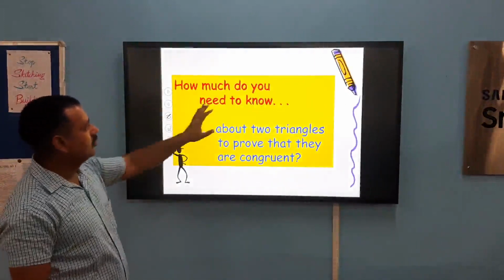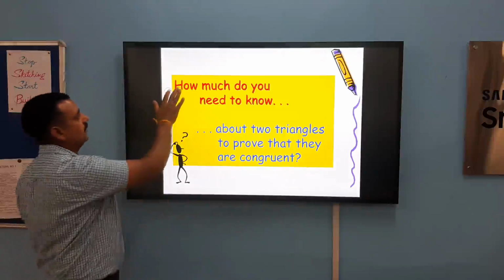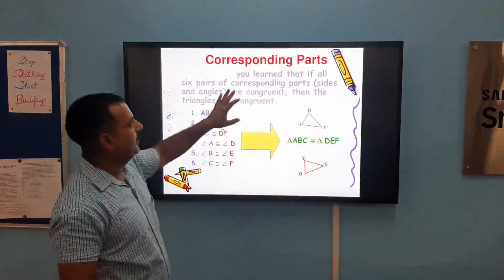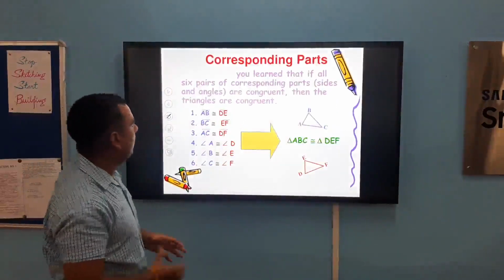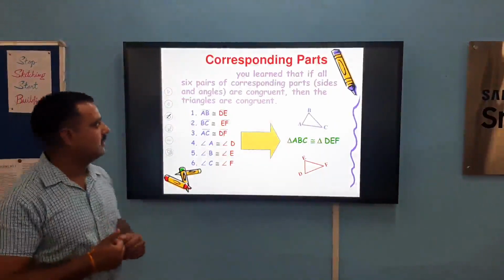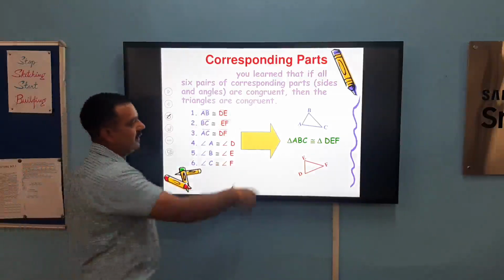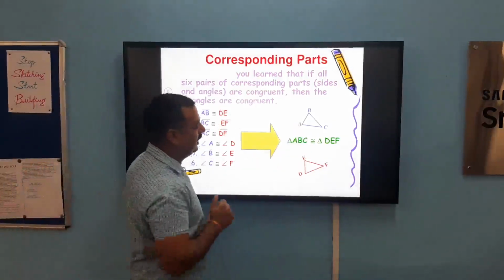Now, how much do you need to know about two triangles to prove they are congruent? Corresponding parts. You learn that if all 6 pairs of corresponding parts are congruent, then the triangles are congruent. Here we take two triangles, triangle ABC and triangle DEF.